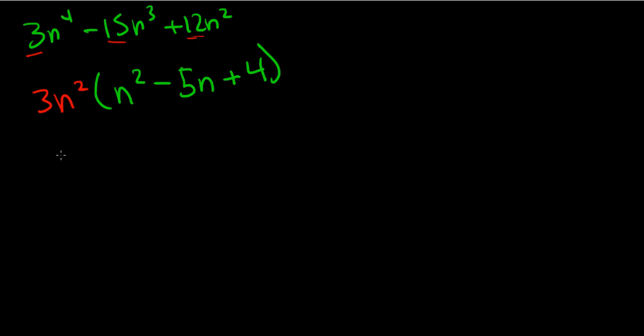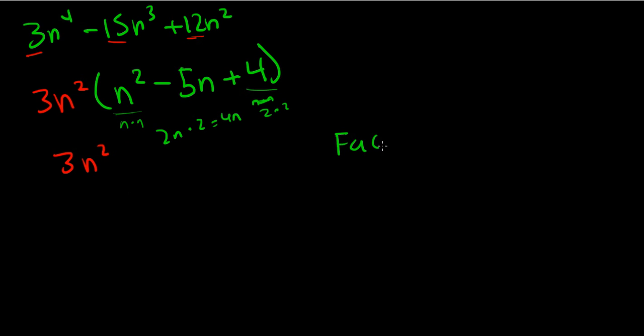And we can go ahead and check if this is a perfect square trinomial, which in this case it is not, because even though the first and last terms are perfect squares, when you multiply one element of the last term times one element of the first term, so 2 times n, and then multiply it by 2, you end up with 4n, and that does not equal 5. So we're going to go ahead and have to factor it the other way.